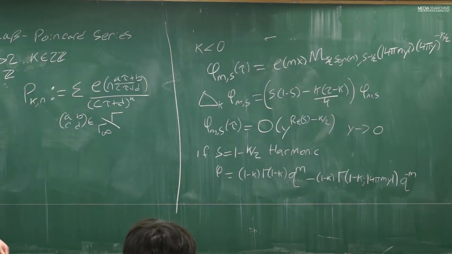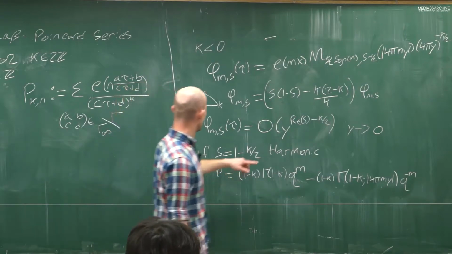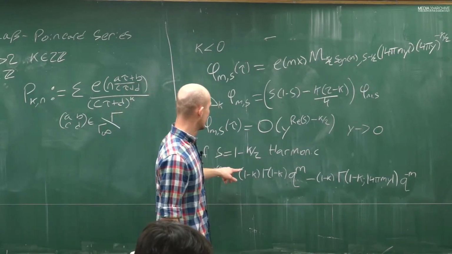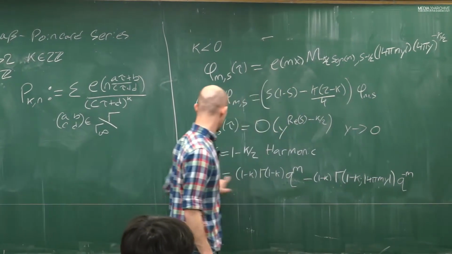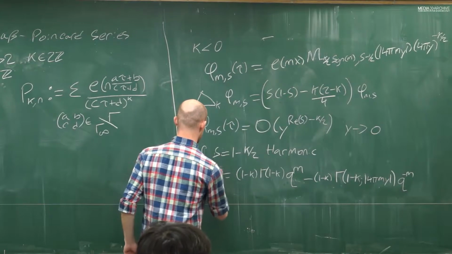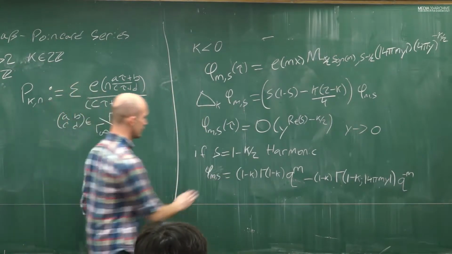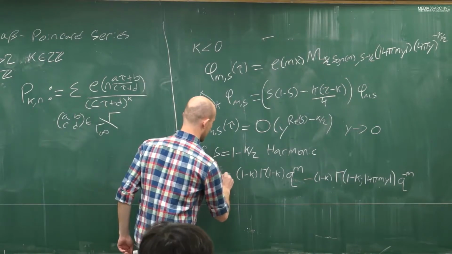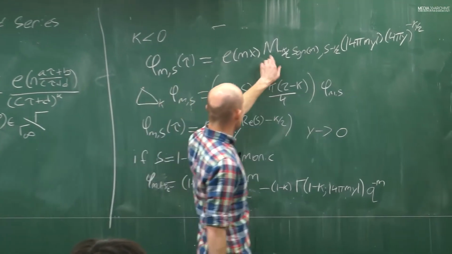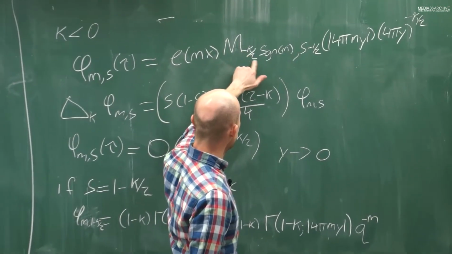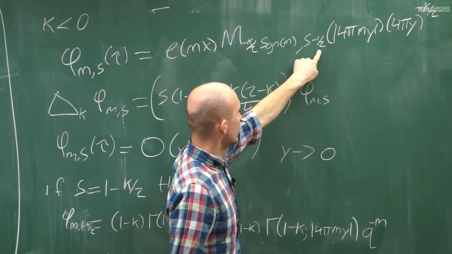The first line is M, with index minus k halves times the sine of m, and then s minus 1 half.